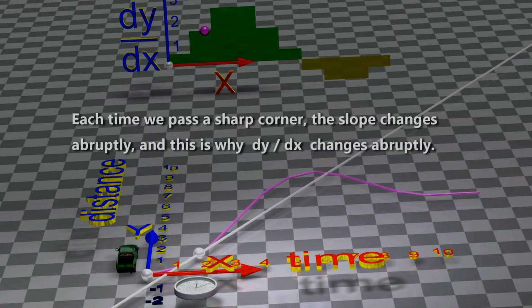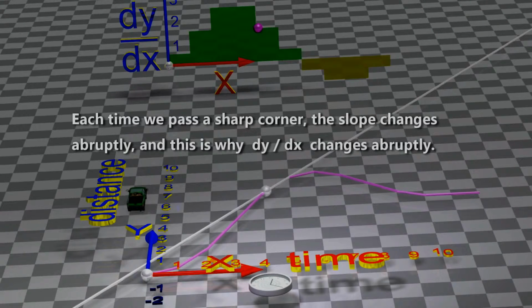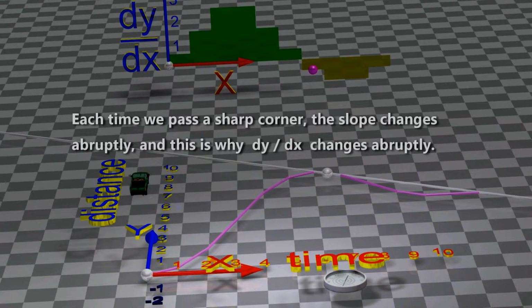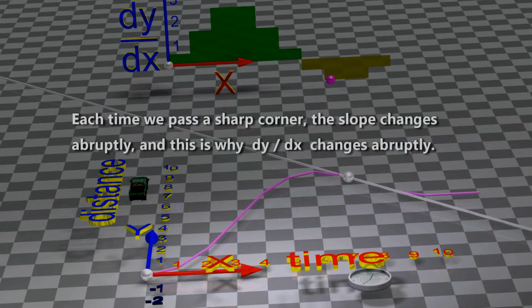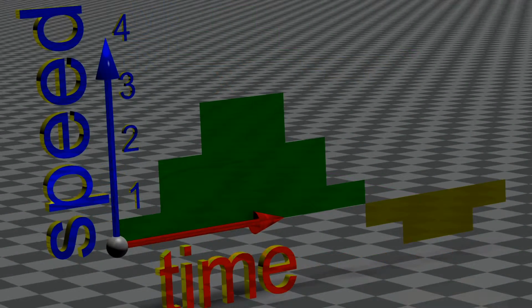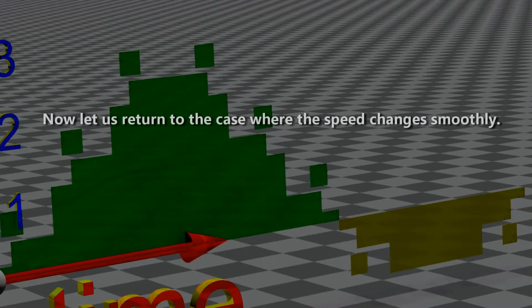Each time we pass a sharp corner, the slope changes abruptly, and this is why dy divided by dx changes abruptly. Now let us return to the case where the speed changes smoothly.